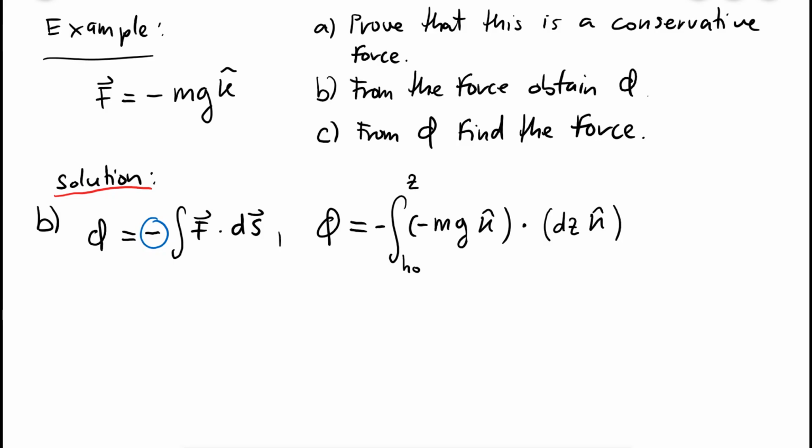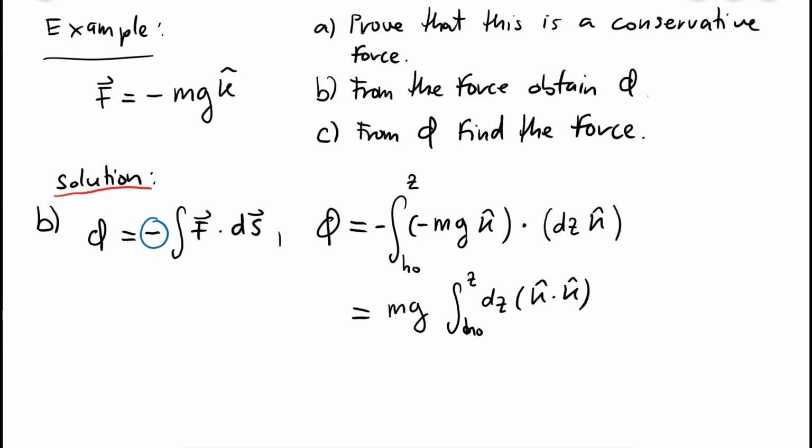This is given by the limit in the integral, and since mg is a constant, this is equal to mg, both negative signs cancel, of the integral from h0 to z of dz of k dot k, right?